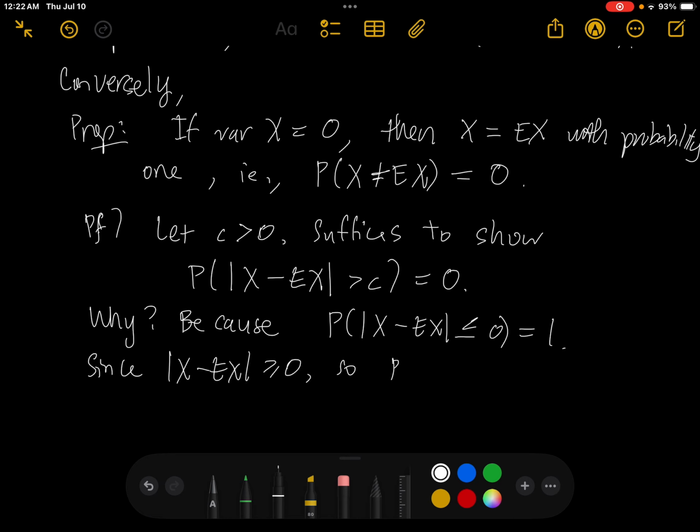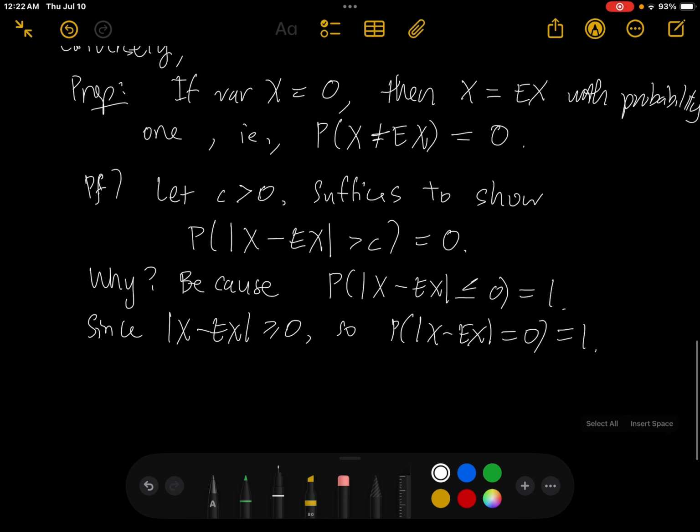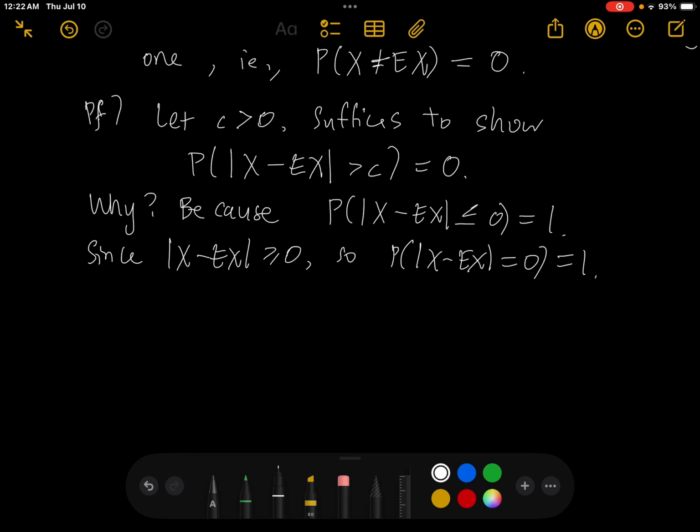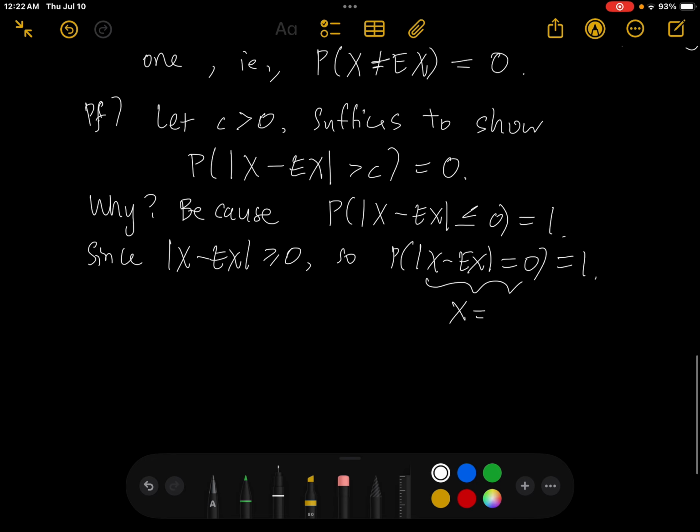So the probability that this absolute value is equal to 0 is equal to 1. But if the absolute value of X minus EX is 0, that's the same as saying that X is equal to EX.